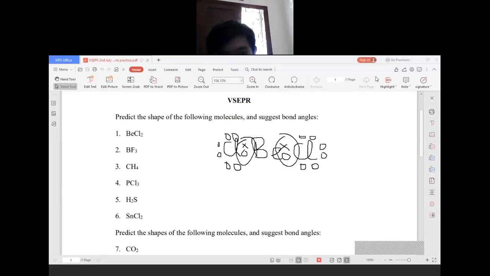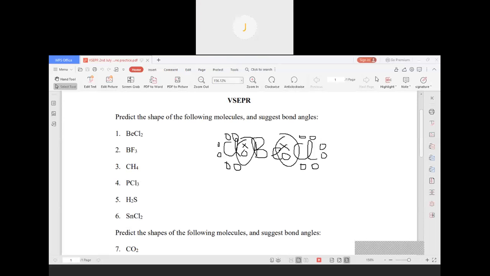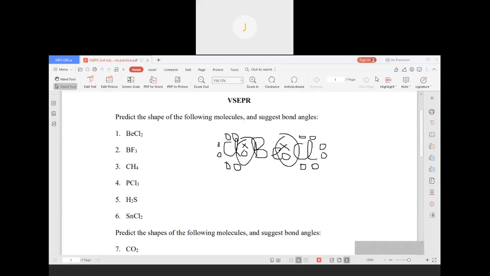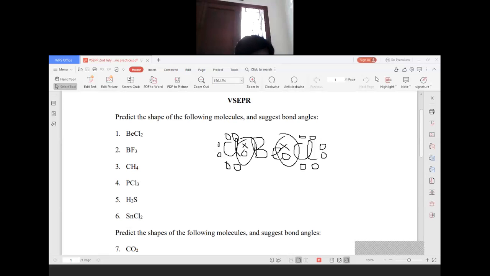I would like to ask you how many electrons are there in the outermost shell of carbon? 4. It has 4 electrons in the outermost shell.